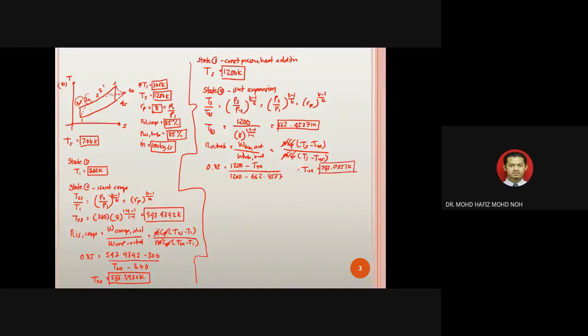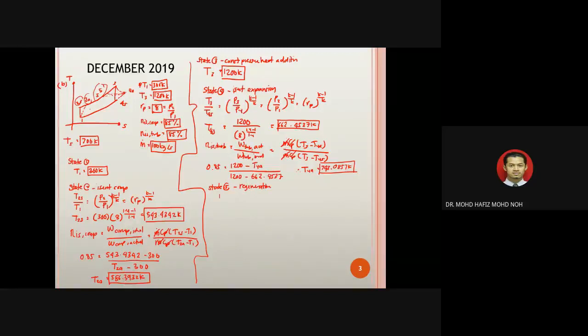Okay, guys. So you have completed state 1, state 2, state 3, and state 4. Since this is a regenerative case, you have another state, which is state 5. For state 5, in this regeneration case, we have T5 prime.